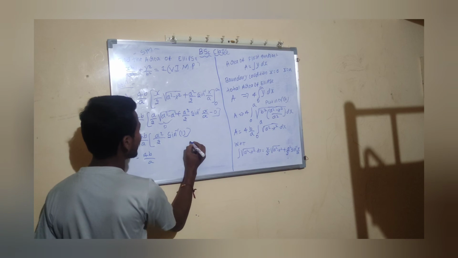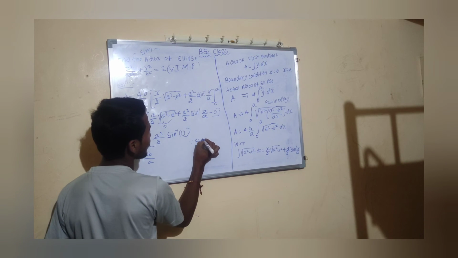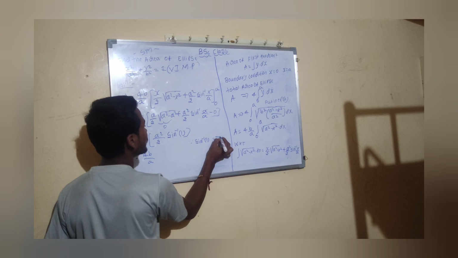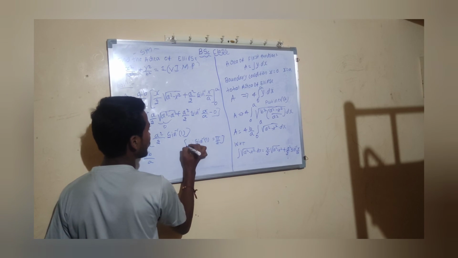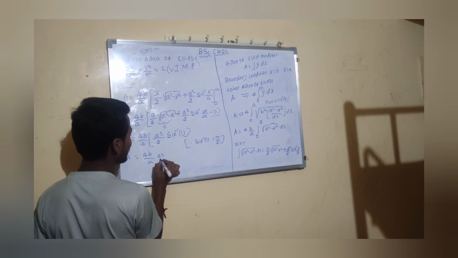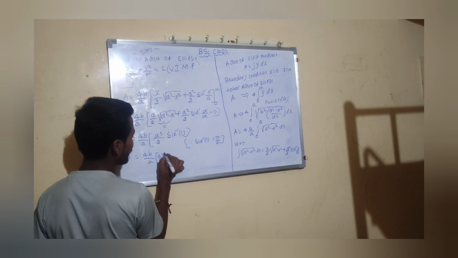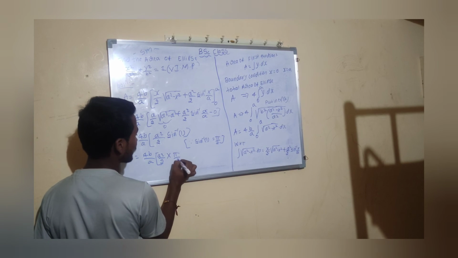We already know that sine inverse of 1 is pi by 2. So we put pi by 2 in. The area is equal to 4 b by a times a square by 2 into pi by 2.